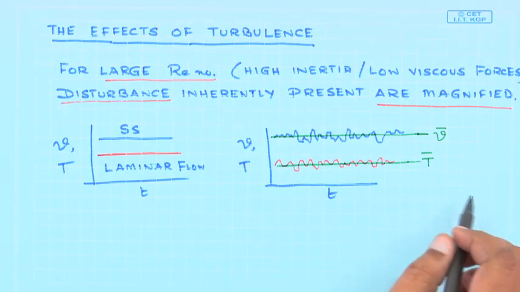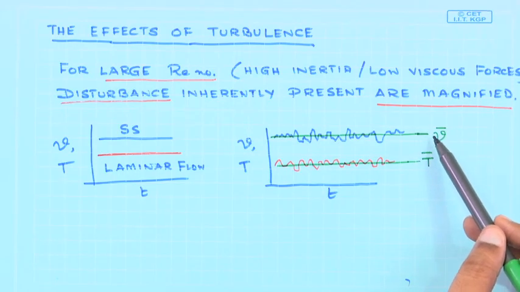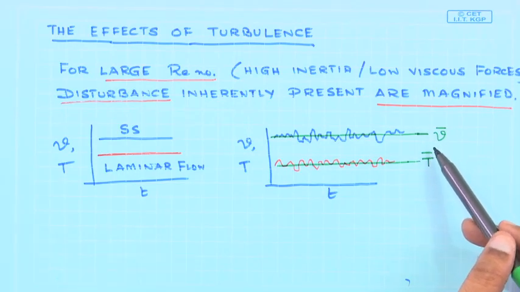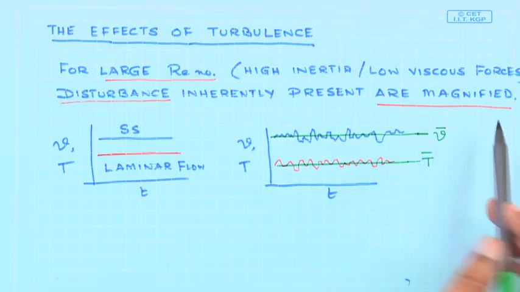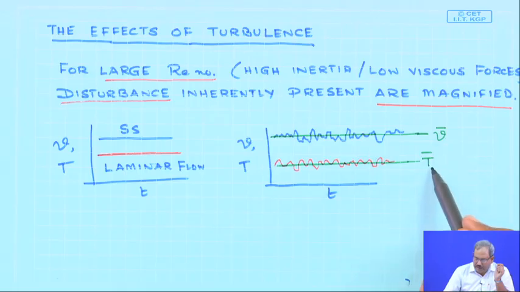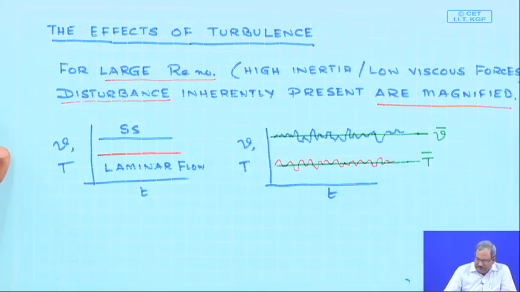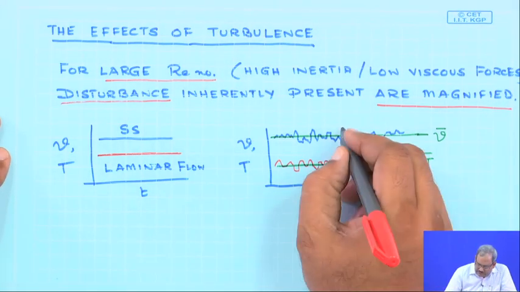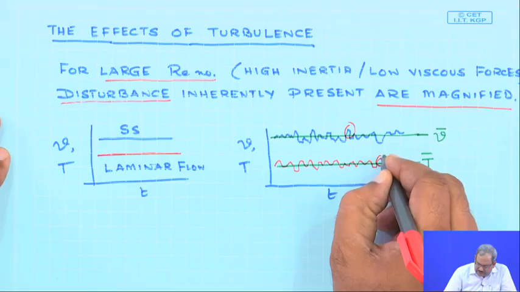So, when we say that the velocity of the fluid in a specific situation is 5 meter per second, what essentially we see, especially for turbulent flow, is the time average velocity or the time average temperature. Let us say I would like to know what is the velocity and the temperature at this point.